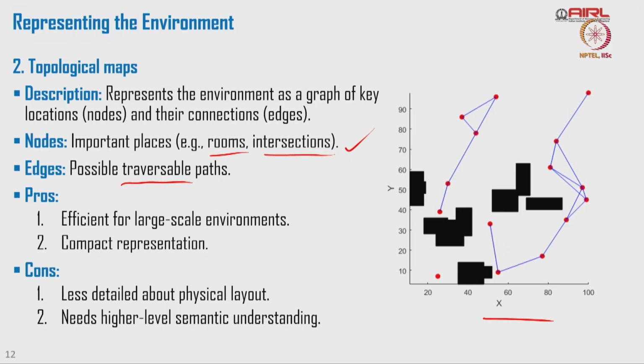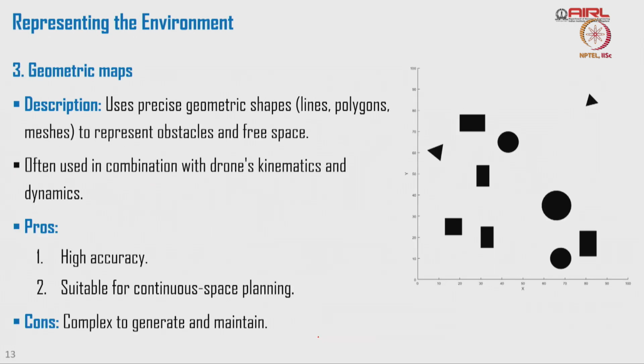The advantages: it is efficient for large scale environments and the representation is compact. It shows how vehicles can traverse from one point to another based on nodes and edges. However, it is less detailed and needs a higher level of semantic understanding.